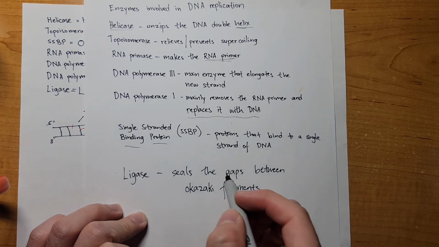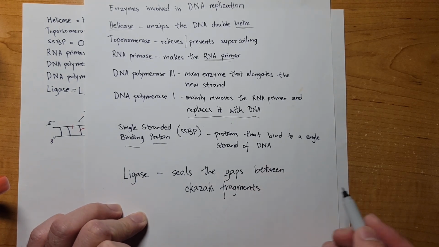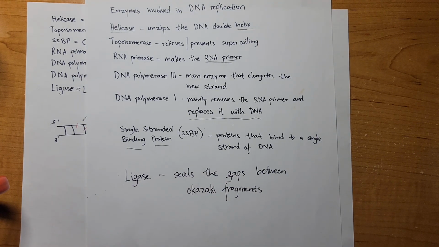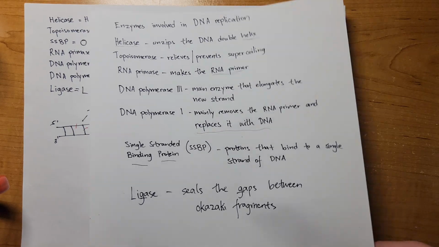One way for me to remember: gaps starts with a G, and ligase has a G in it. If it's better for you to just memorize it, then do so, but this is how I remember it. Ligase seals the gaps between Okazaki fragments.